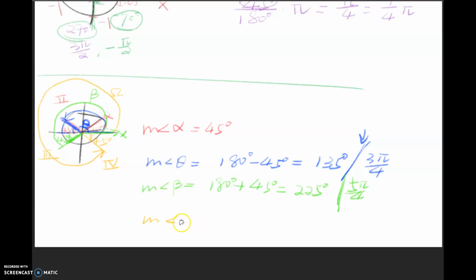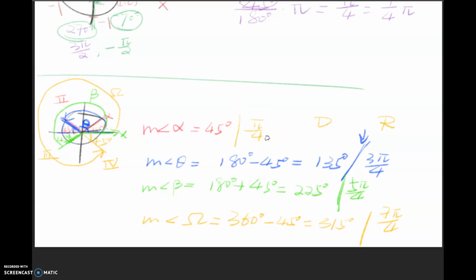Angle measurement of omega, which is also a Greek letter, equals, it's almost a full circle, and a full circle is 360 degrees. However, it's 45 degrees away from it. So subtract 45 degrees, and this will be 315 degrees, or we call it 7 pi over 4 in radian. So on the left is degrees, on the right is radian, and 45 degrees is pi over 4.